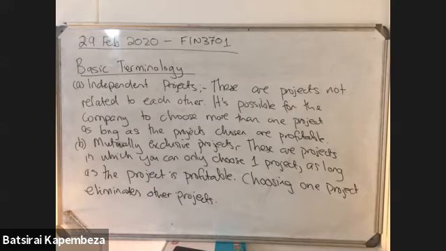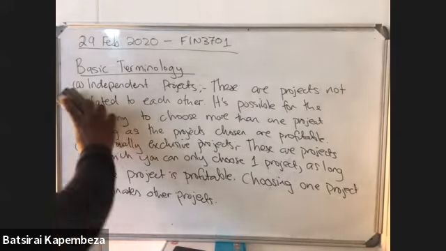So let me just give you an example of how a company would choose a project if they were mutually exclusive and if they were independent. Let me just give you an example to illustrate what we mean by independent projects and to illustrate what we mean by mutually exclusive projects. Okay, it's a simple example.